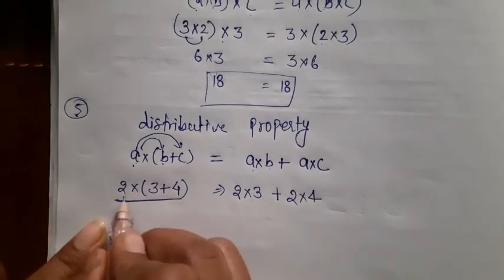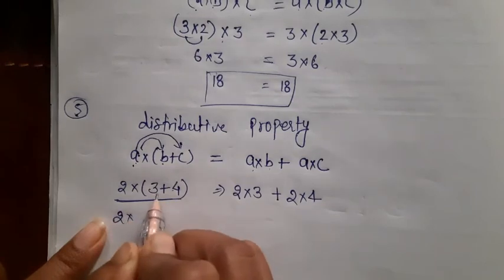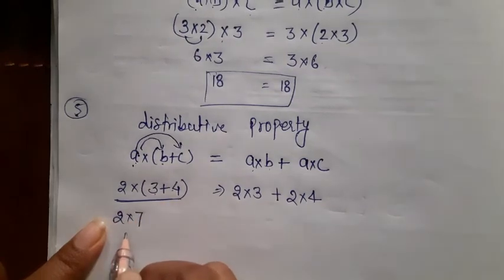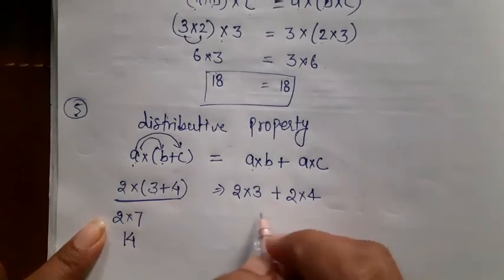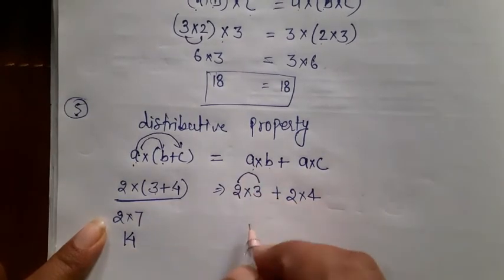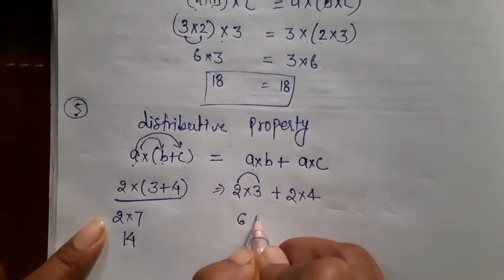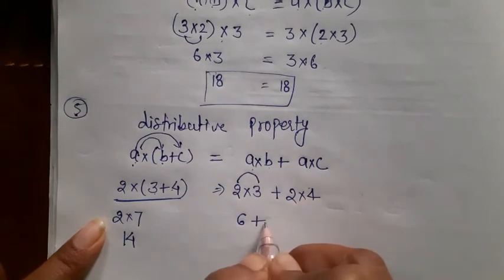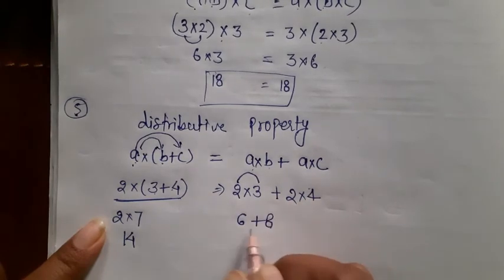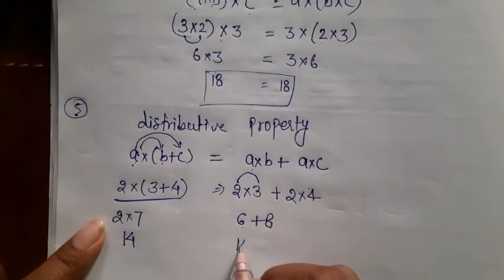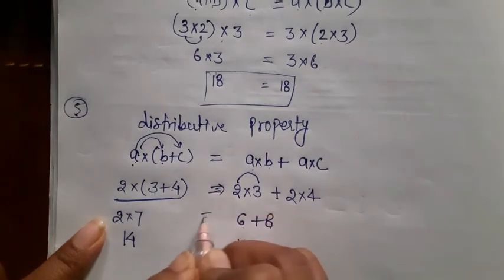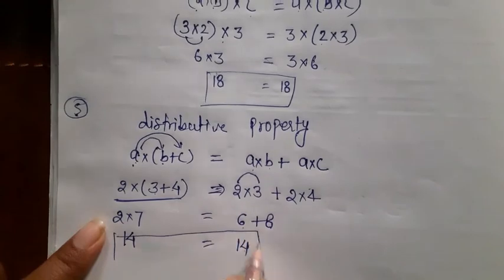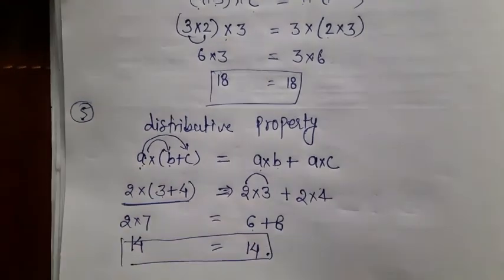When we solve this side, 4 plus 3 is 7, and 2 times 7 is 14. On the other side, 2 into 3 is 6 plus 4 into 2 is 8. Now we add them, so 8 plus 6 is 14. So this is the distributive property.